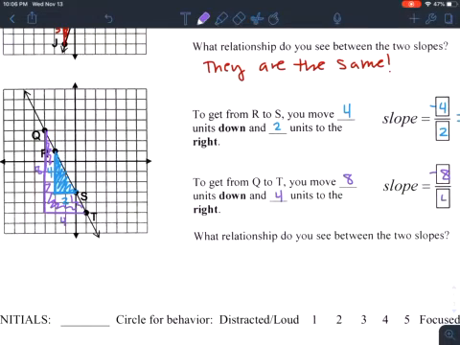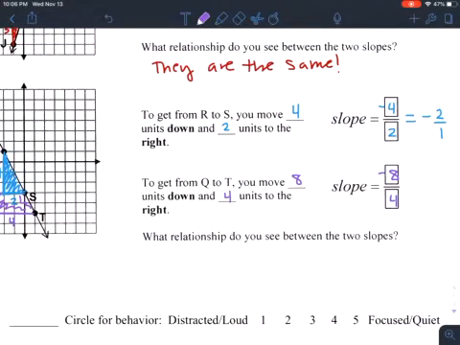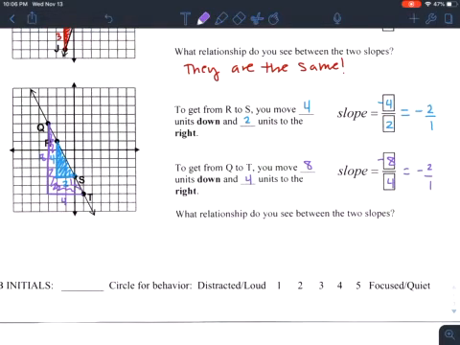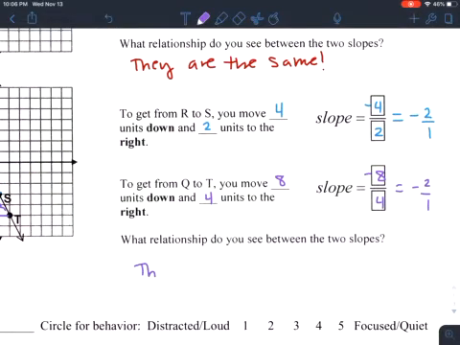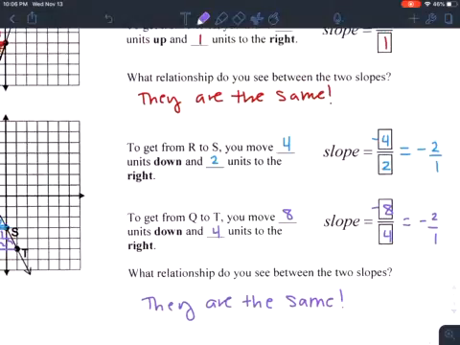My run is going to be 4. And then you'll see when we reduce that, I'm going to get -2 over 1. So what relationships do we see between the slopes? Again, well, they are the same. And that is because all of the points I'm looking at are on the same line.